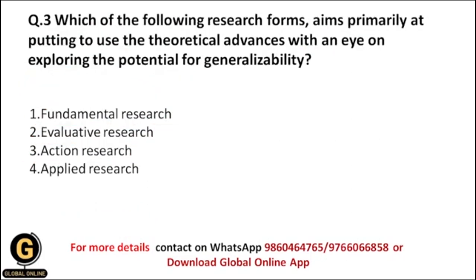Which of the following research forms aims primarily at putting to use the theoretical advances with an eye on exploring the potential for generalizability? So among these research options, which is the research type which primarily aims to use the theoretical advances which are already there, and as well our aim is to explore the potential for generalizability.